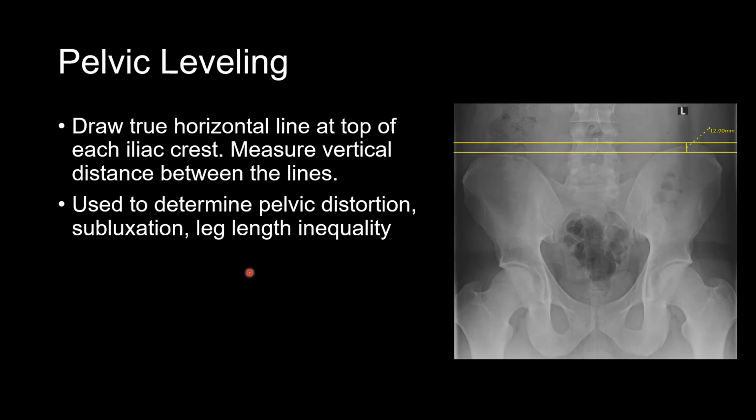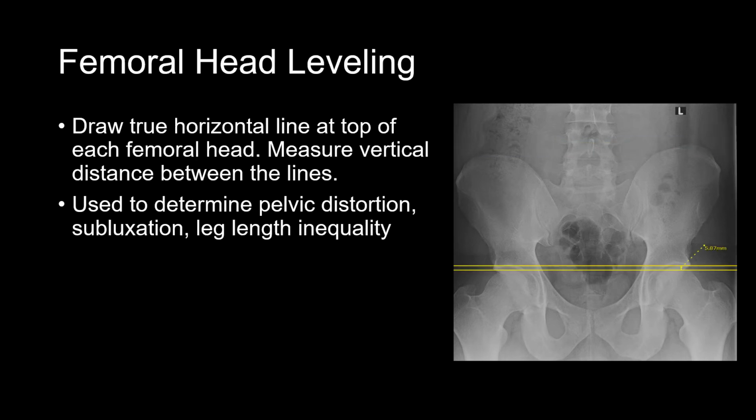Pelvic leveling is done by just placing horizontal lines directly over the tops of each iliac crest and seeing how much the difference is. It's used to determine pelvic distortion or leg length inequalities, that type of thing. Femoral head leveling, it's the same idea, horizontal lines across the top of the femoral heads and determining what that leg length discrepancy or maybe some kind of pelvic distortion from there, subluxation.